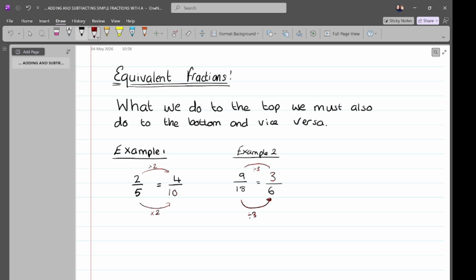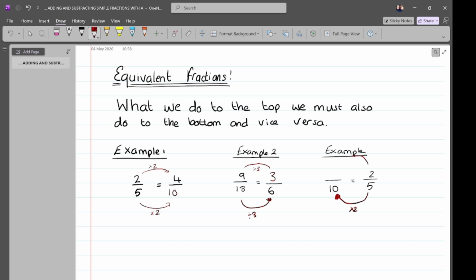Let's look at a third example. In the third example, we've got the blank on the left-hand side instead of the right, but this does not change anything at all. We're looking at the 5 and the 10. We're going to see what the relationship is between those two numbers. And we can see that 5 would have to be times by 2 in order to get 10.